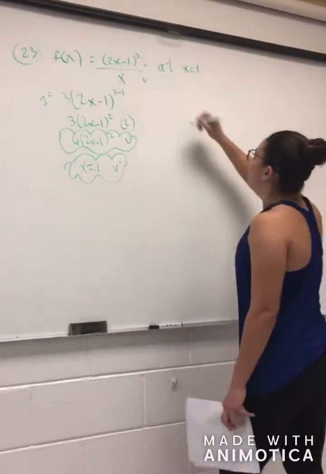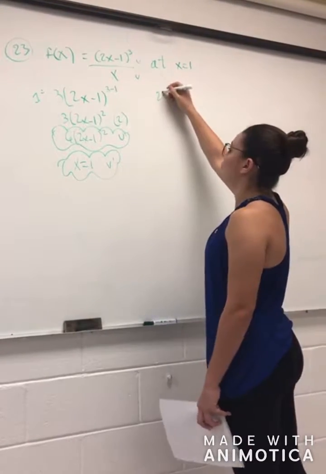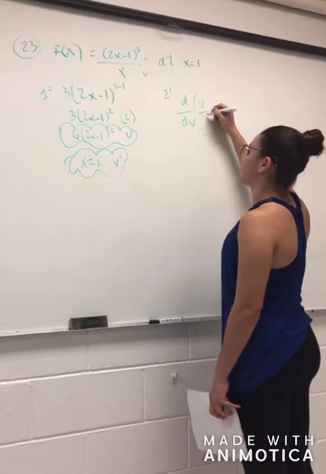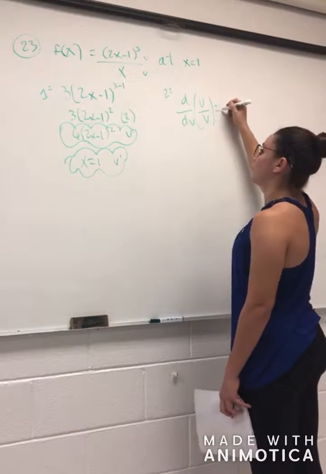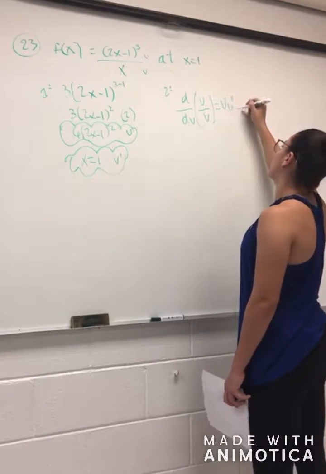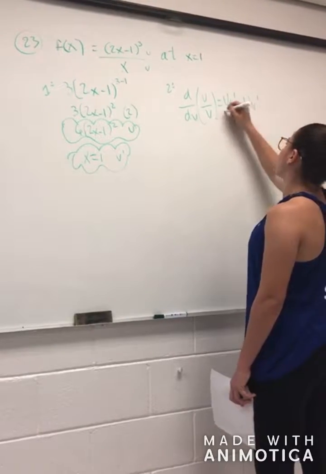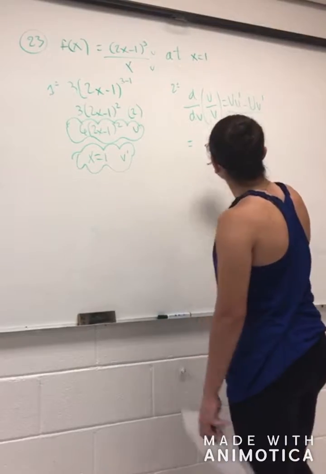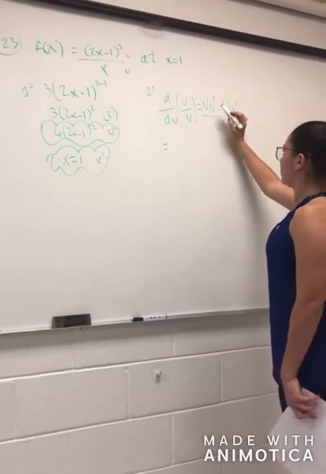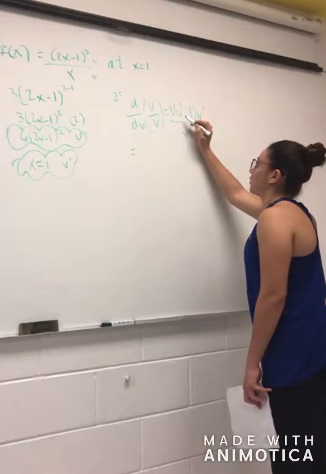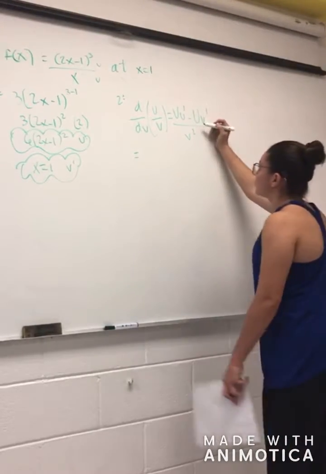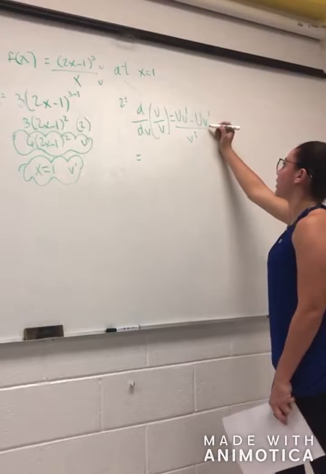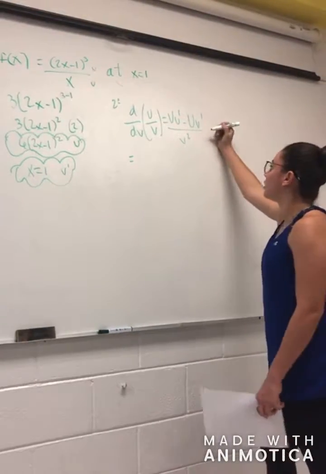The next step, we need to use this formula. This says that this is the v multiplying the derivative of u minus the u multiplying the derivative of v, over v squared.